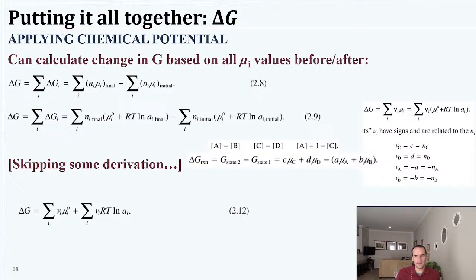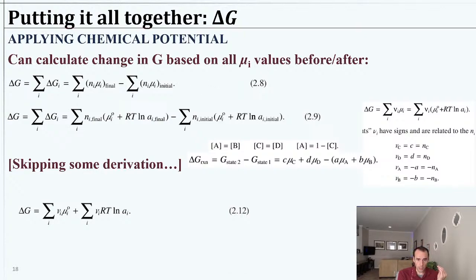Okay, but setting that aside for a moment, aside from the fact that we will see activity in our equations sometimes, here's where we connect the dots of delta G and the equilibrium constants. Because it's really the equilibrium constants that we need in order to understand and characterize our chemical systems. So we can calculate the change in G based on all the mu values, all the chemical potential values before or after some reaction.